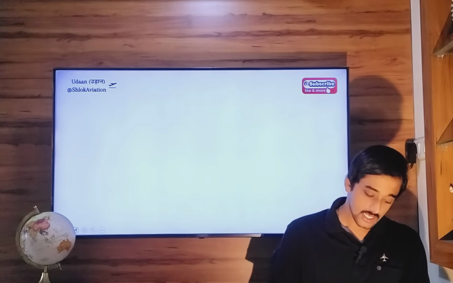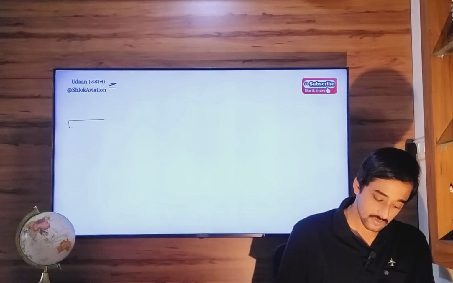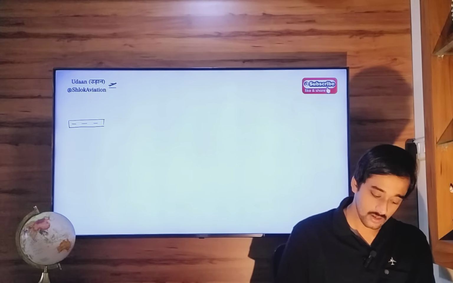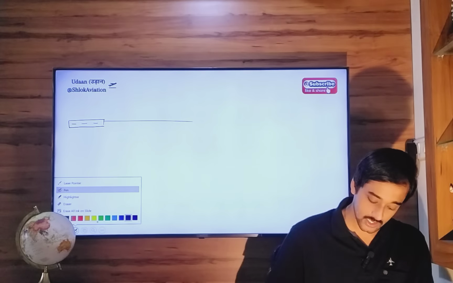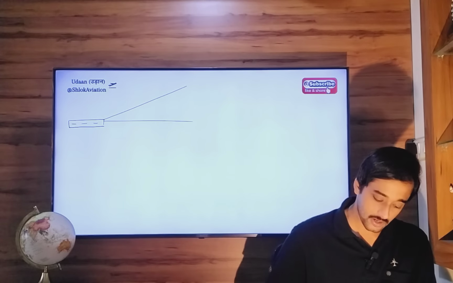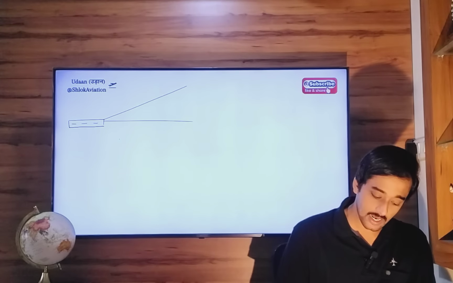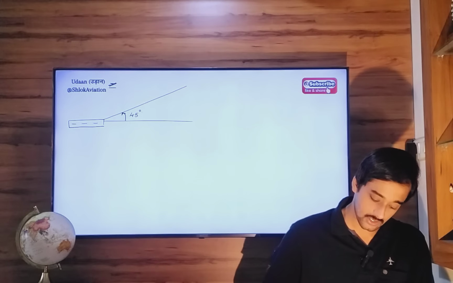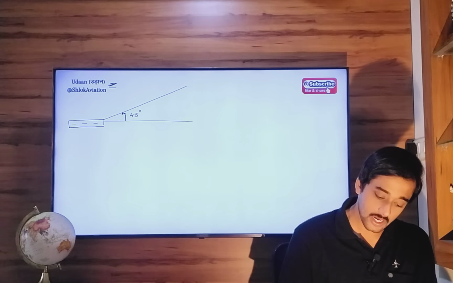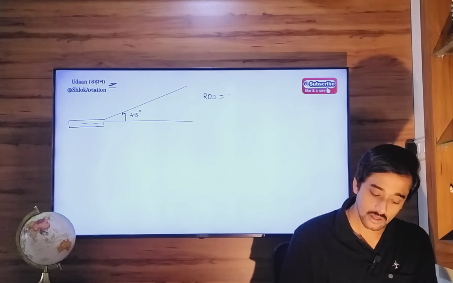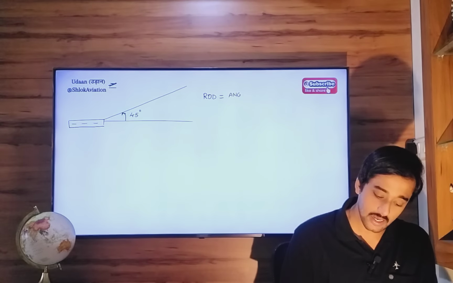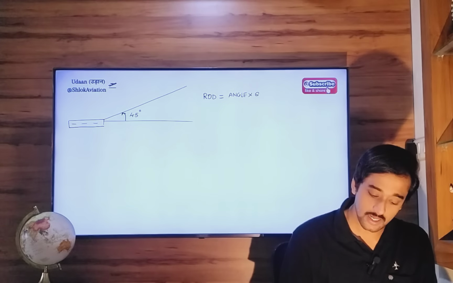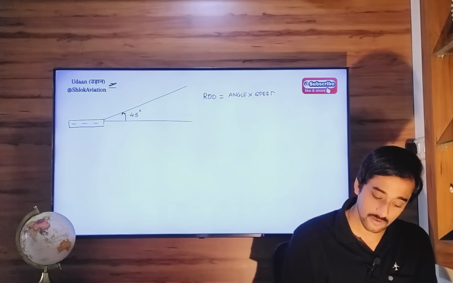Okay. So let's say this is your runway and this is the horizontal distance. This is your glide slope. So this glide slope is inclined at an angle of 4.5 degrees. Now, your rate of descent equals glide slope angle in degrees multiplied by the speed of aircraft in terms of feet per minute.